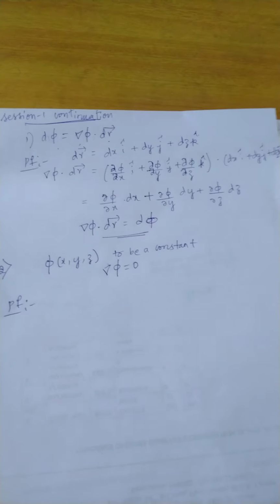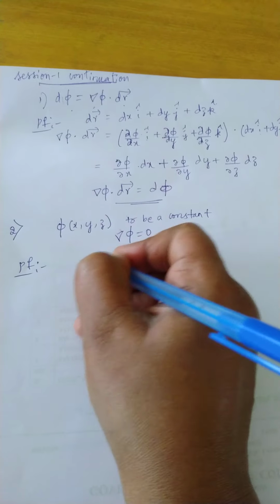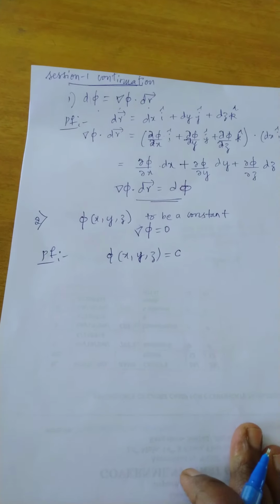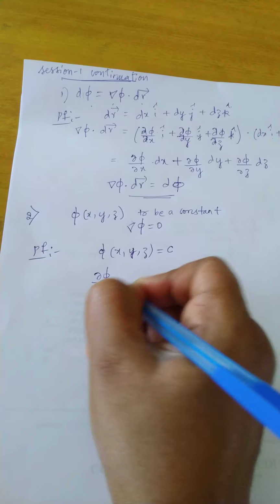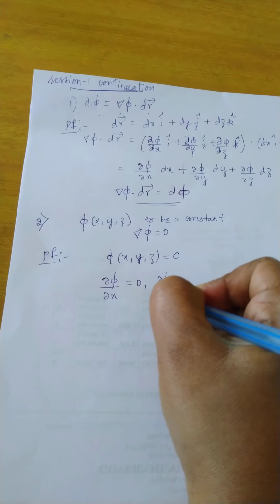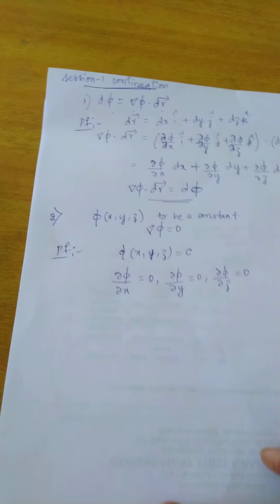Let us consider phi of x, y, z is equal to some constant c. If it is a constant, what will be the partial derivative with respect to each variable? It will be 0. Dou phi by dou x is 0, dou phi by dou y is 0, and similarly dou phi by dou z is also 0.